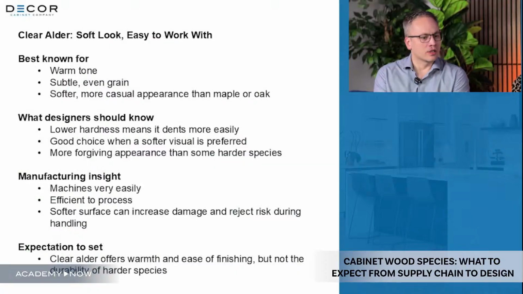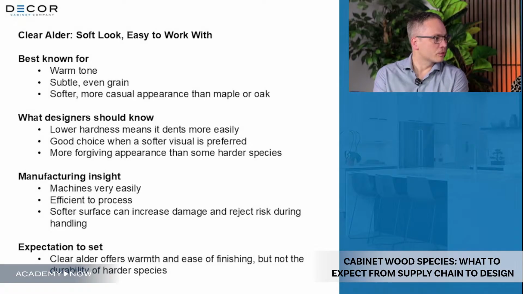Absolutely. All right, Samuel, can you talk about clear alder? Yes, clear alder. It's one of our softer woods. It's not a softwood, but it's a softer wood than, let's say, walnut, or later when we talk about oak or maple. It's a very warm tone wood. It works really nicely for stains. The lower hardness means that it can be dented more easily.